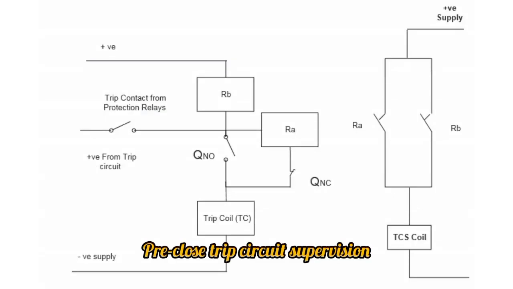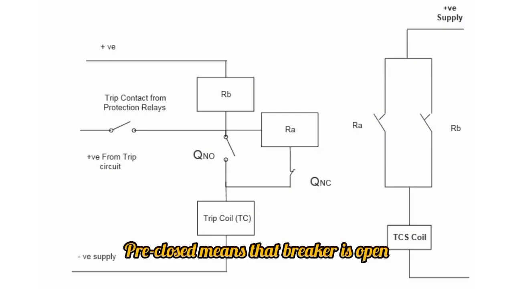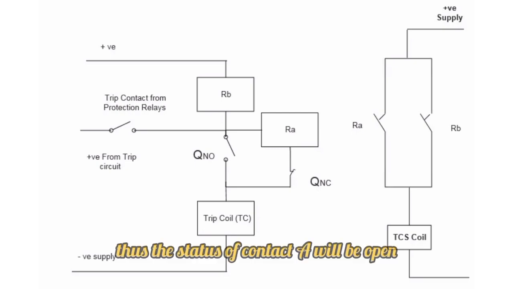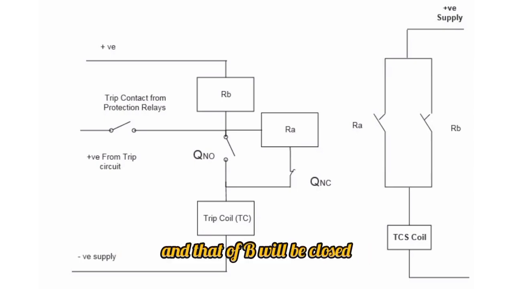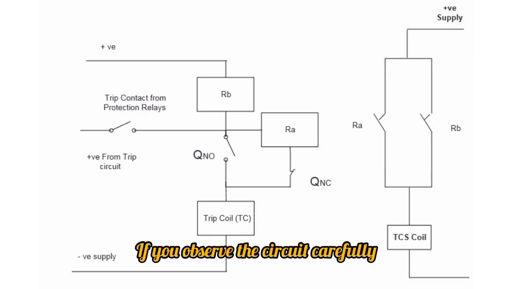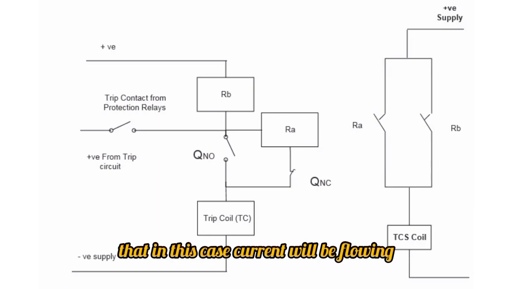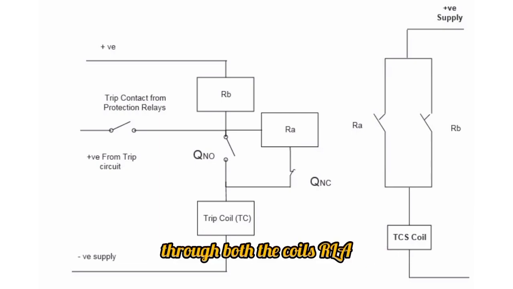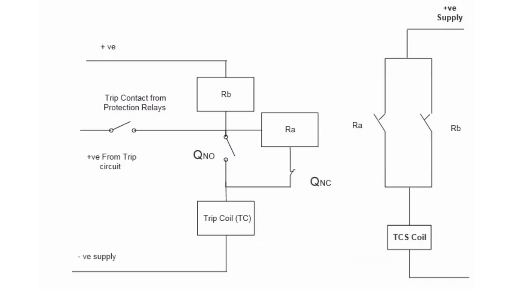Pre-close trip circuit supervision. Pre-close means that the breaker is open, thus the status of contact A will be open and that of B will be closed. If you observe the circuit carefully, you will notice that in this case current will be flowing through both the coils RLA and RLB. As coils RLA and RLB are energized, their contacts will be closed.